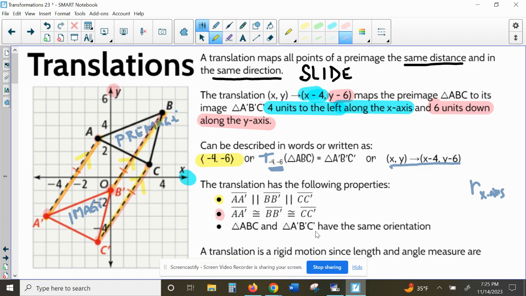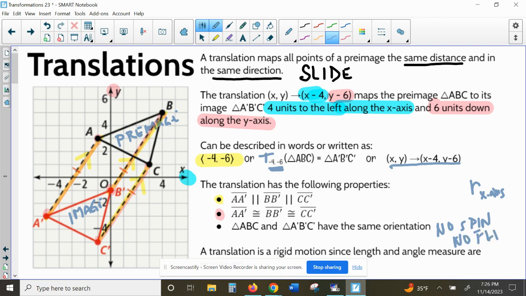A, B, and C, and A prime, B prime, C prime, these 2 triangles have the same orientation, which means notice how they're not spun. They literally have been slid up and over, or to the left and down. They don't spin or flip. So when it has the same orientation, this is no spinning and no flips, right?